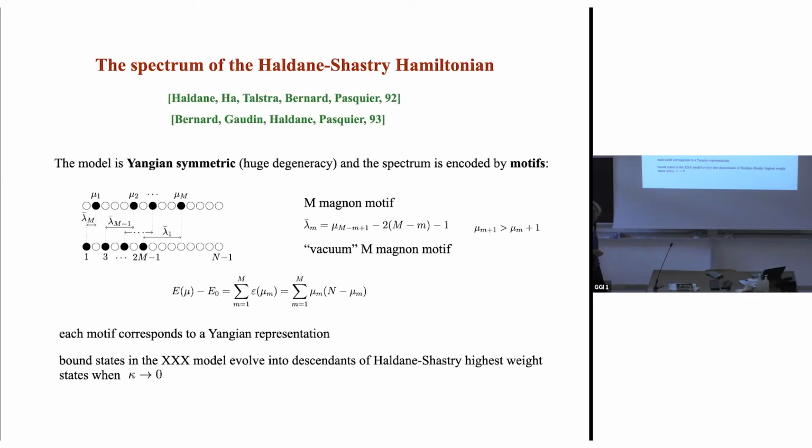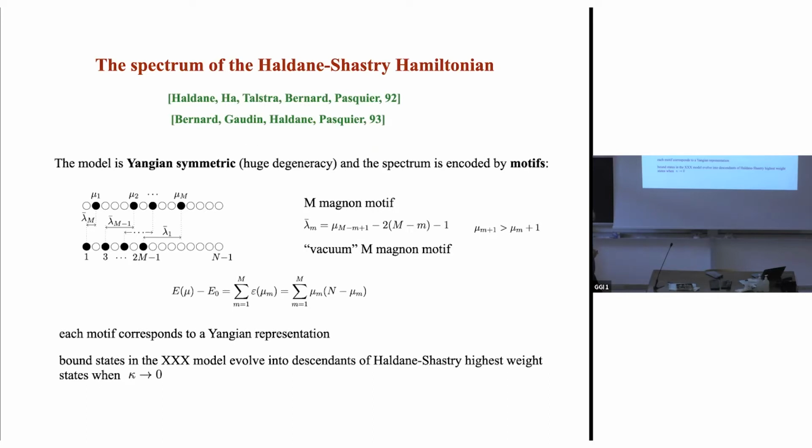So I was saying that the spectrum is very degenerate, very simple, and the spectrum of this Haldane-Shastry is given in terms of motifs. The motifs are a collection of integers between 1 and n-1. So the integers are represented by these dots, in occupation of, if you want, some orbitals.